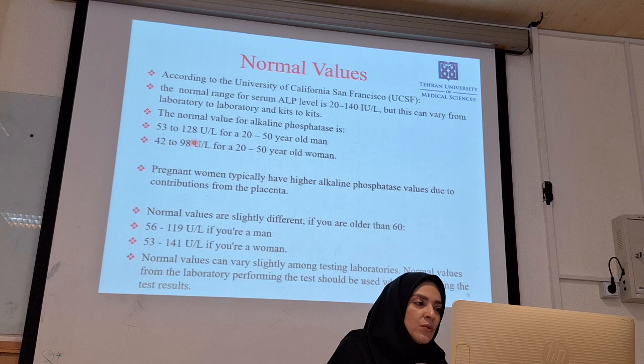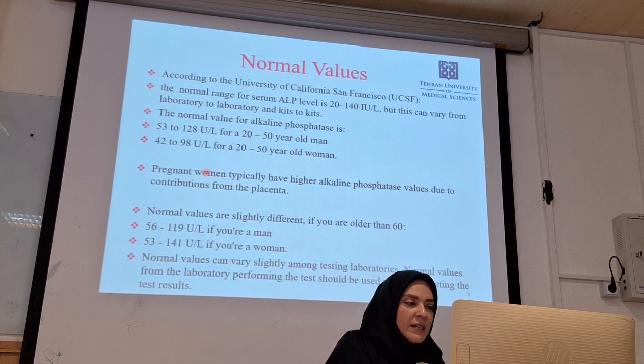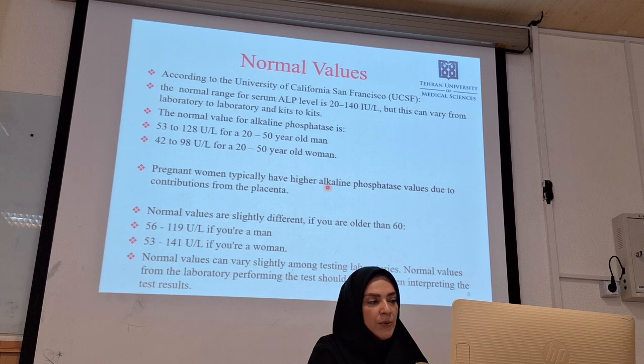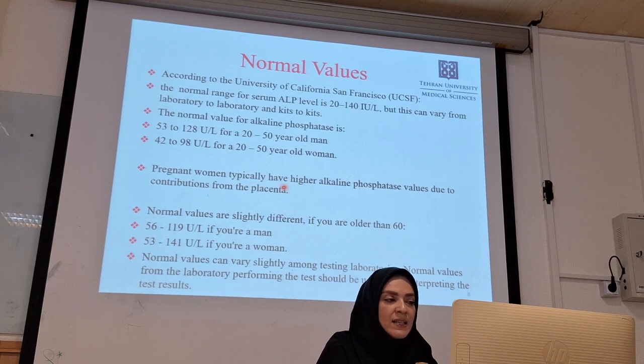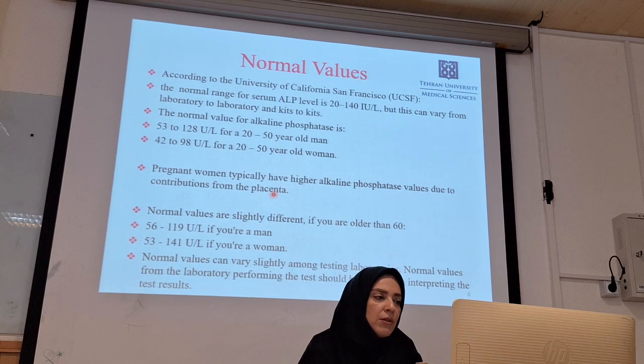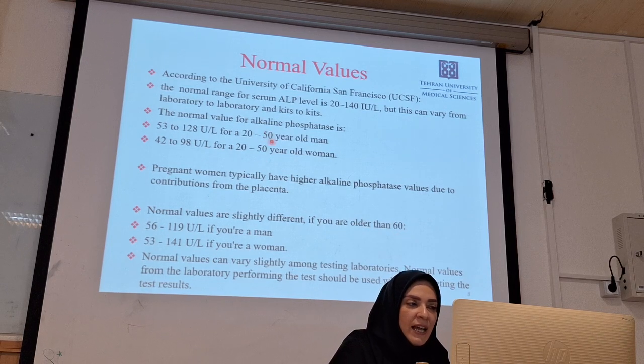And also this is a normal range. As you can see here, there is a little difference in the normal range for women. Also, pregnant women normally have higher than the normal range, because it is of placental origin and is not related to some pathological situation. And for example, the normal value for patients who are older than 60, as you can see here, the age can affect.